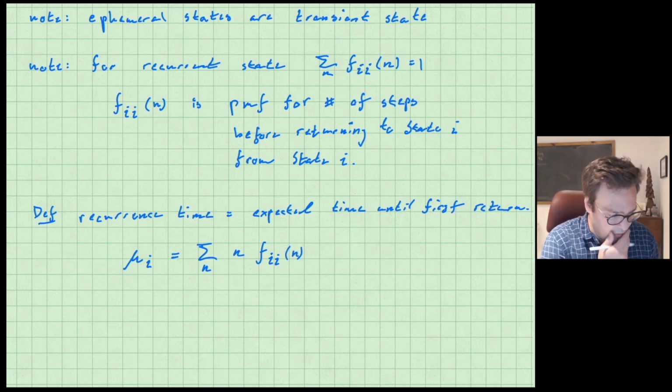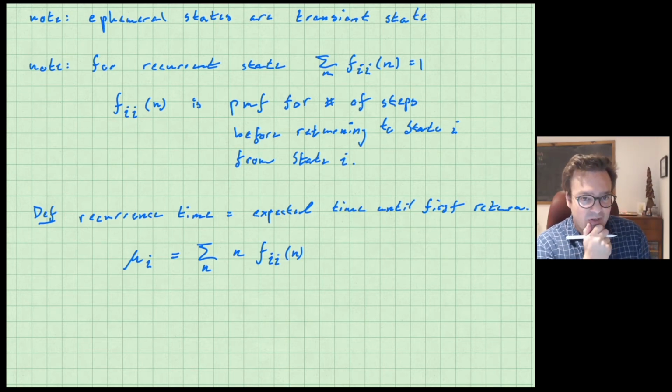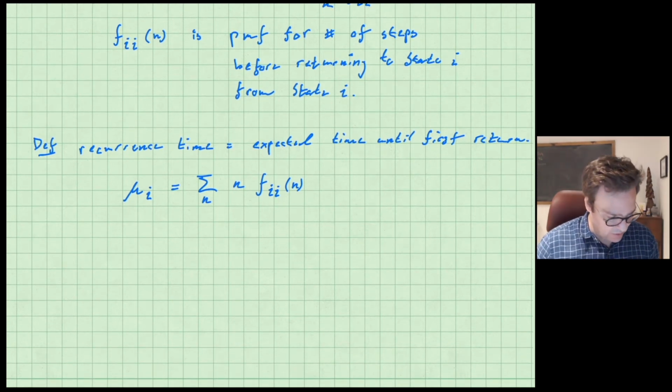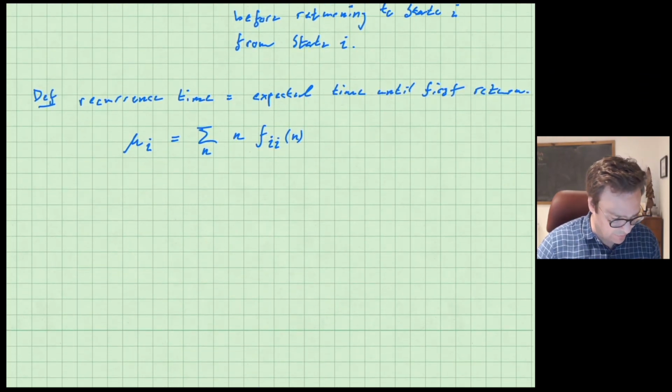And we're going to introduce two different types of states based on what their recurrence times are. So we'll just make two new definitions. Remember I said these just keep coming rapid fire here.